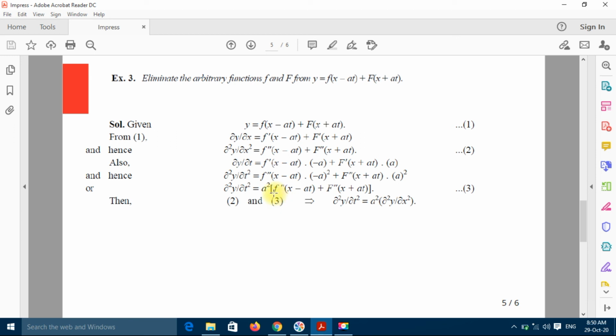Here if you see, the bracket quantity will be the same as the right hand side of equation number 2. So by equation 2 and 3 we get ∂²y/∂t² = a² ∂²y/∂x².